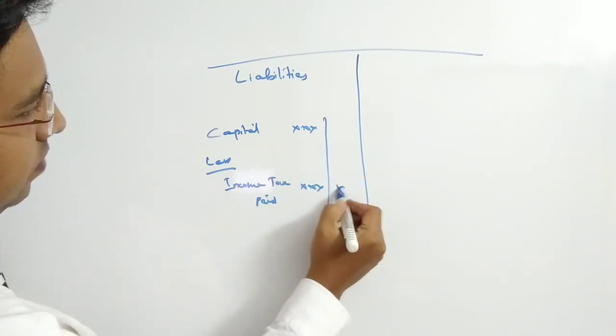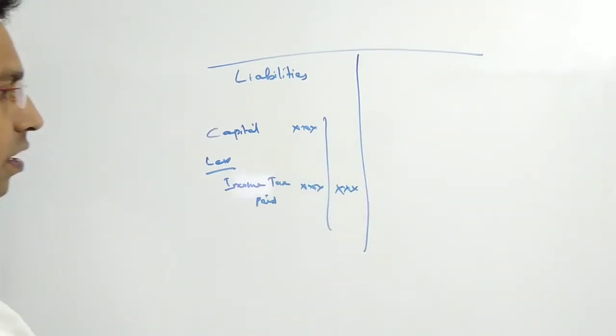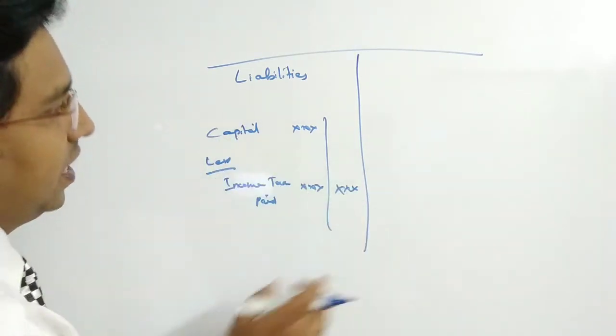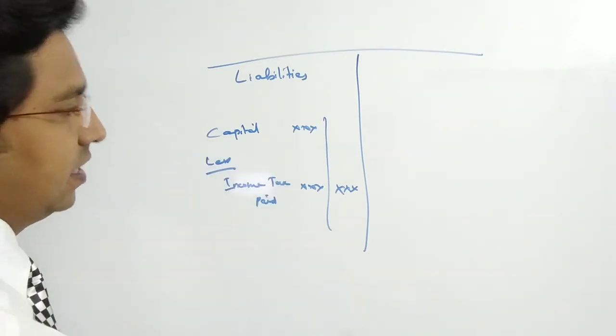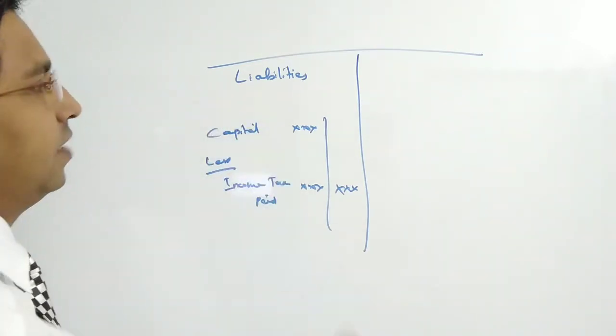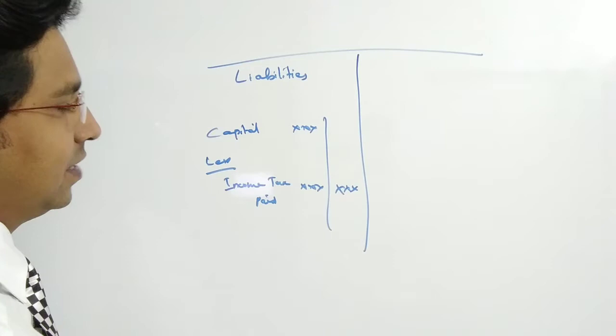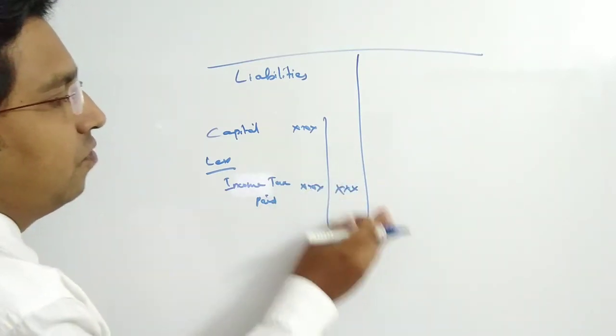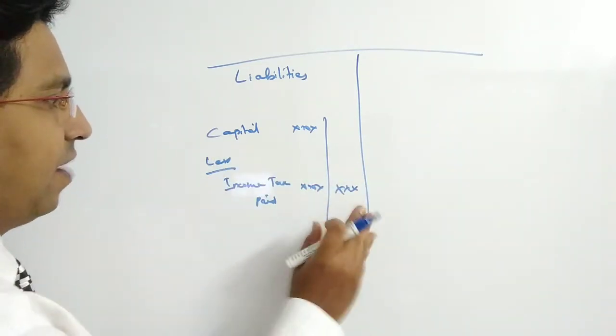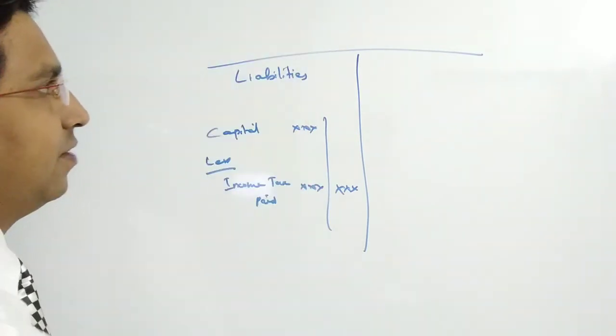So the balance value should be written in the outer column. This is the adjusted capital. After subtracting drawings, after subtracting income tax, after adding net profit, or after subtracting the net loss, this is the final adjusted capital at the end of the financial year.